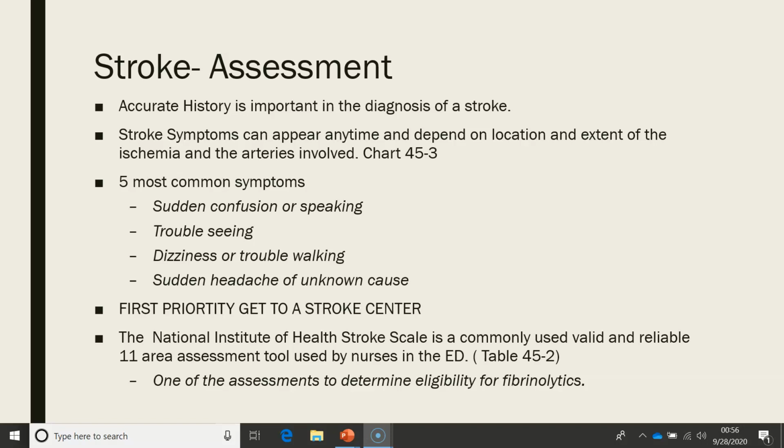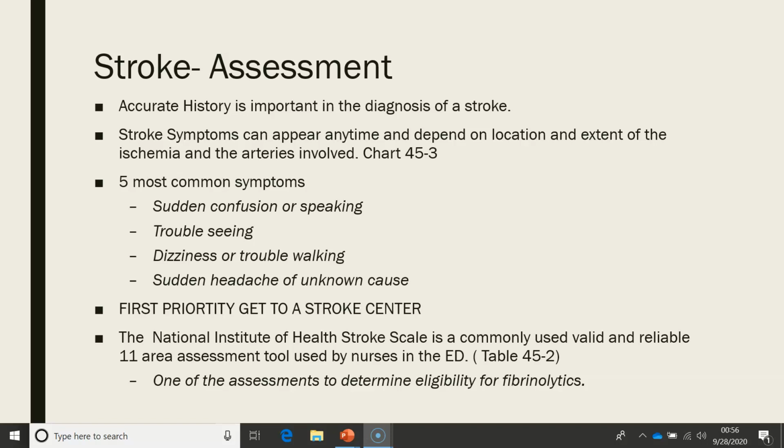In order to administer this scale, the nurses have to be trained on the exact use of it, and there's a booklet that is given when they pass the test to be able to administer this assessment. And it shows pictures of what the assessment should look like to see what points the patient gets.